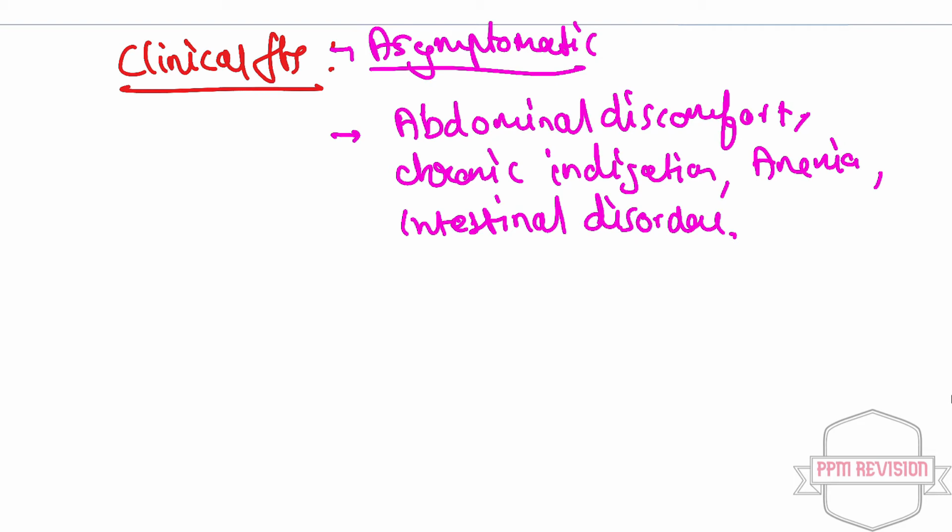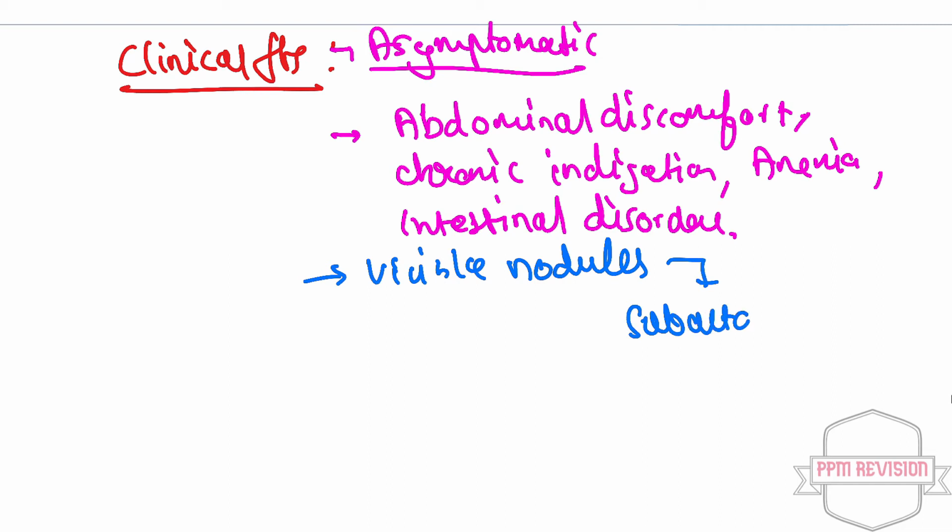And what needs to be known is visible nodules. Nodules are seen in subcutaneous tissues and muscles.